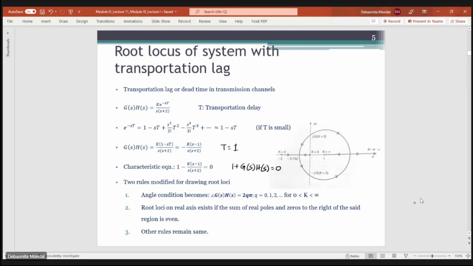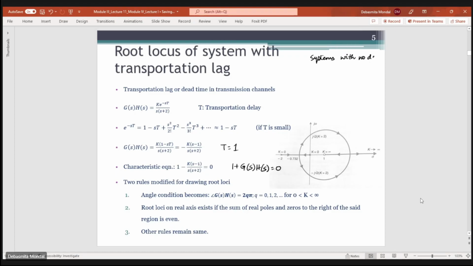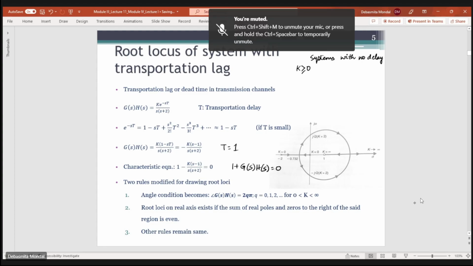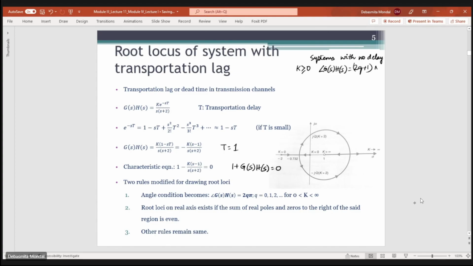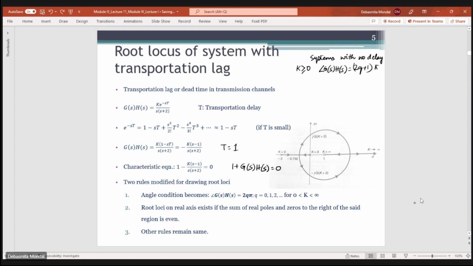Initially, for systems with no delay, if the value of k was greater than or equal to 0, the angle of GsHs should be equal to 2q plus 1 into pi.